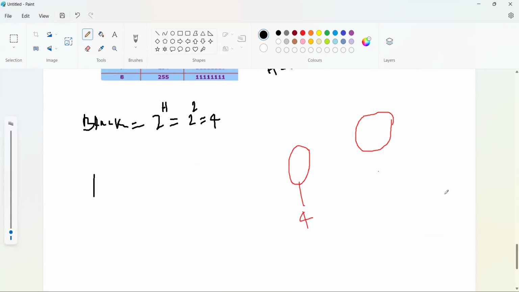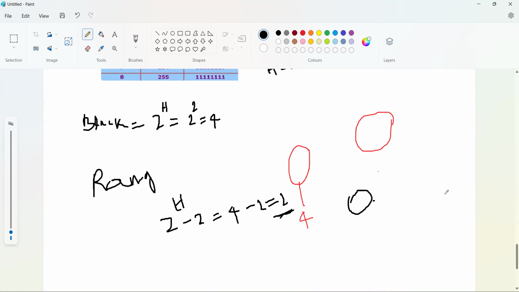And my range, how many valid IP addresses, those are 2 to the power of h minus 2. One is the network bit, one is the broadcast bit. Then I got the answer: 4 minus 2. Only 2 valid IP addresses I'll get: 2 valid IP addresses, one for one router and one for the other router.